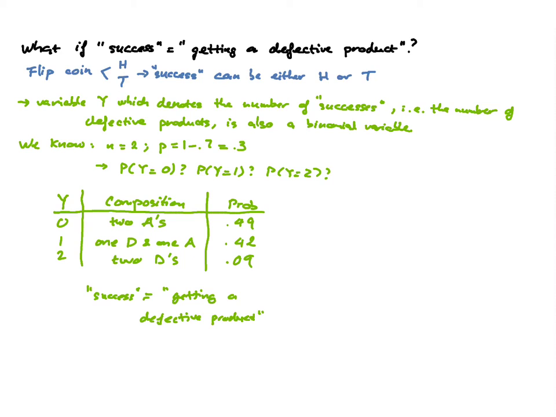Okay. And let me bring the previous table over here. So I have x, 0, 1, and 2. I have composition, and then probability, right? So I have 2 D's, 1 A and 1 D, and then 2 A's, right? And my probabilities from before were 0.09, 0.42, and then 0.49.